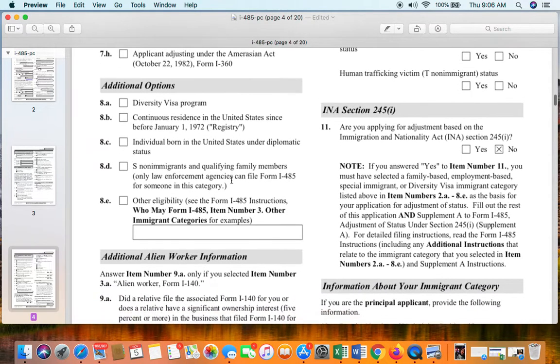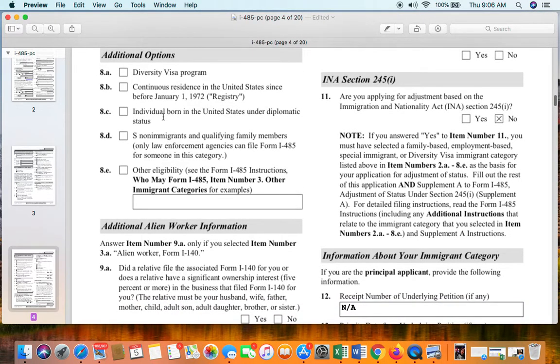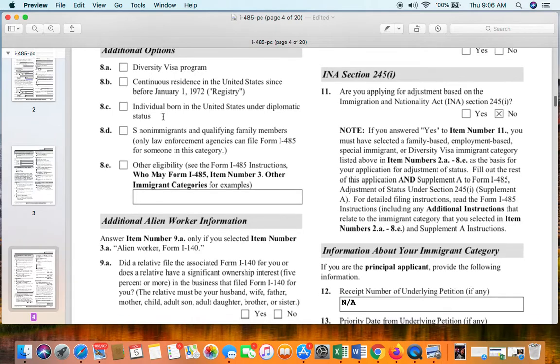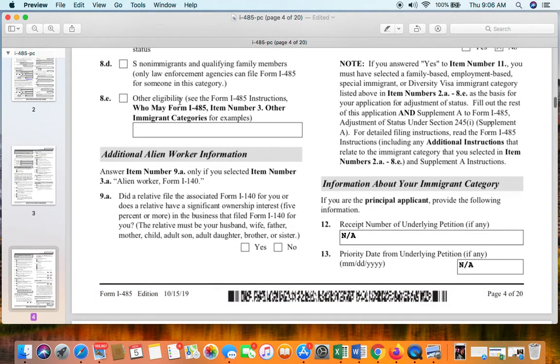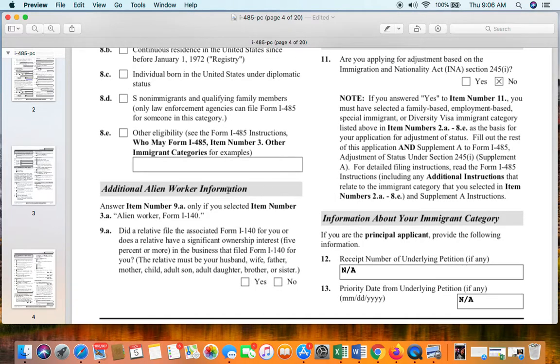This is not applicable for us, for my derivative applicant, so I'm just going to leave this blank right here. Additional alien worker information. So answer item number 9A only if you selected alien workers. So this is not applicable to my derivative applicant.